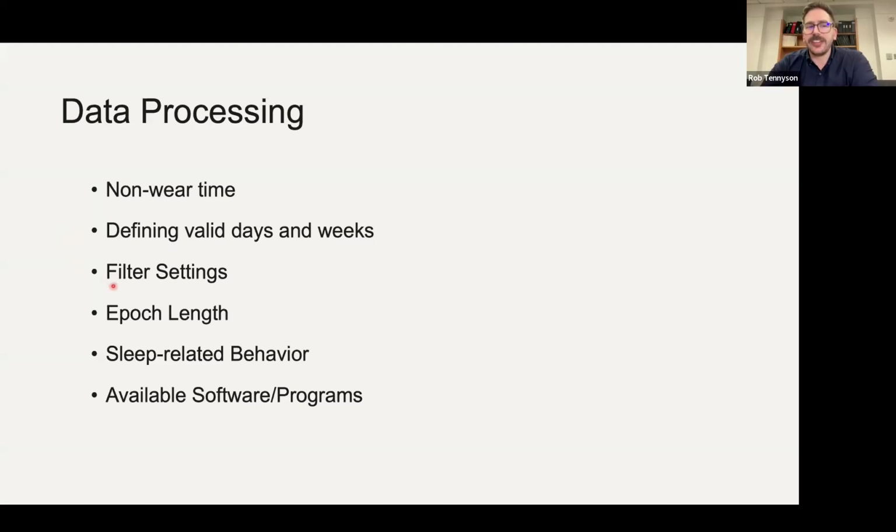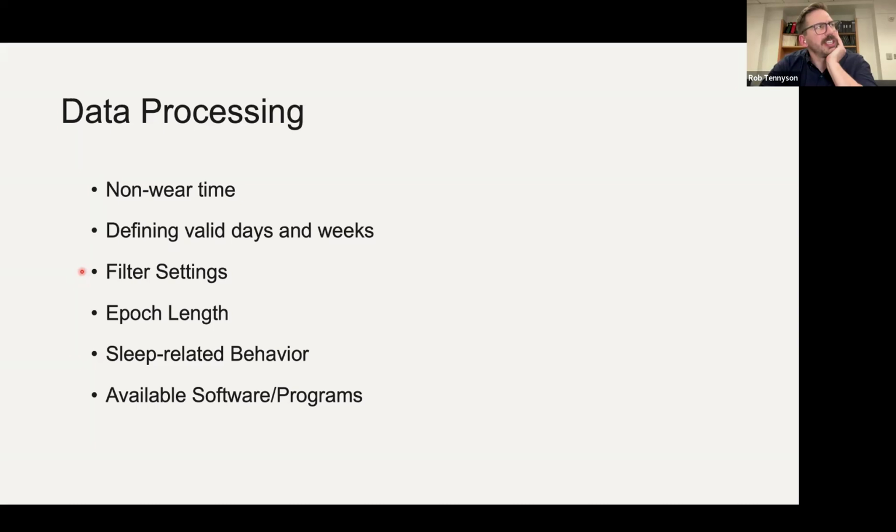There are also filter settings. A lot of that happens under the hood of whatever software you're using, and even if you get a choice, it'll often be just two options, which might depend on the group that you're working with. I'll speak for Actigraph on this: they have a low frequency filter.